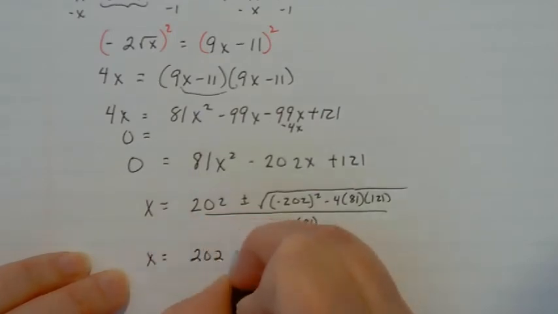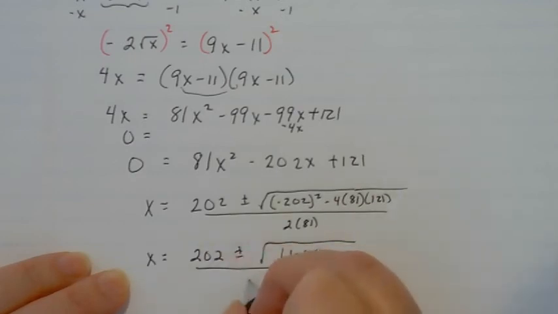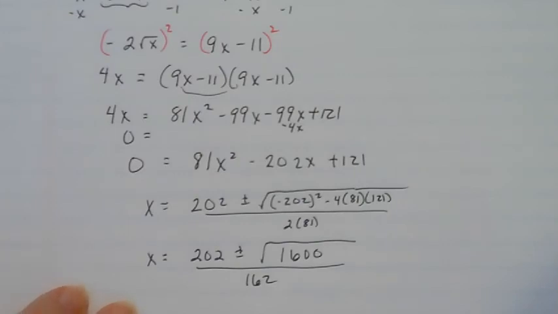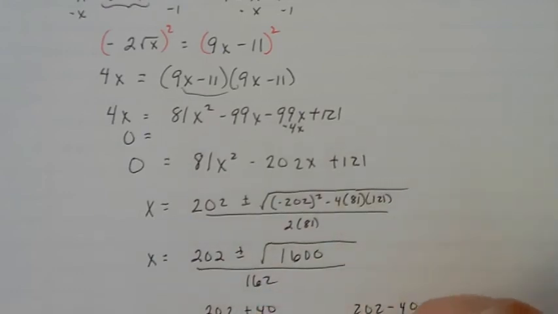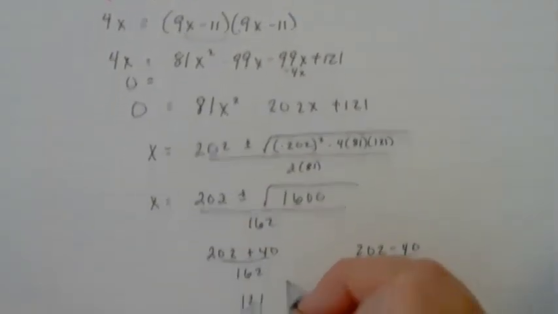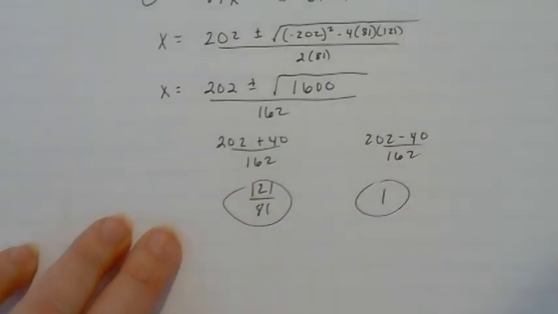So 202 plus or minus, this becomes 1600, which is nice, because the square root of 1600 is 40. So I have 202 plus 40 divided by 162 and 202 minus 40 over 162. So this is 121 over 81, and this one gives me 1. So there's my two solutions.